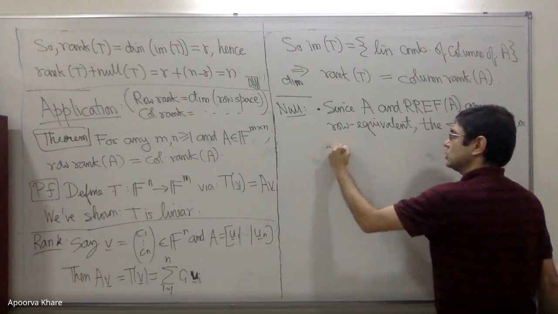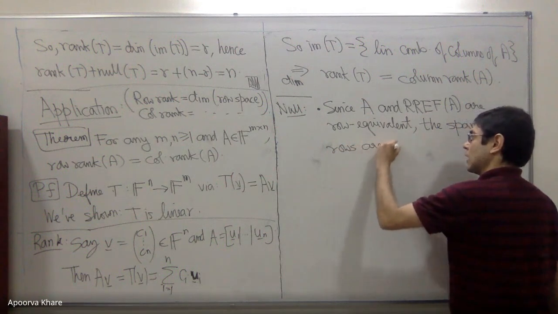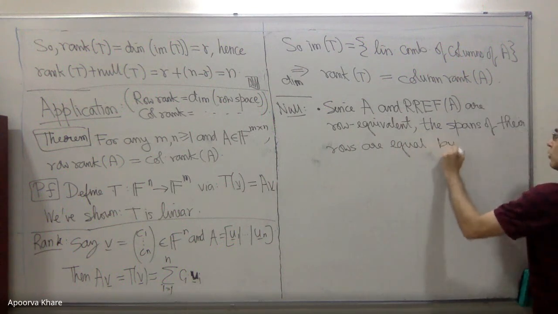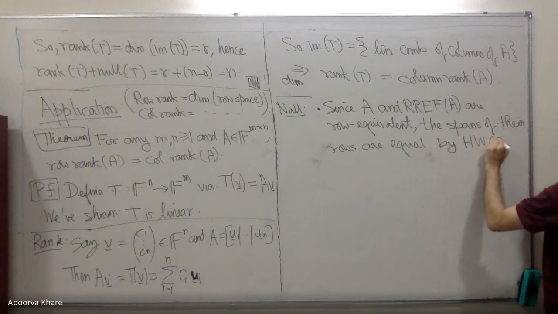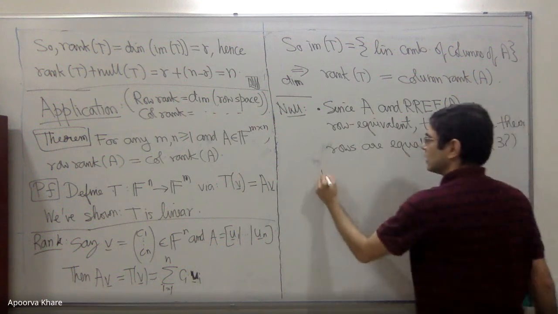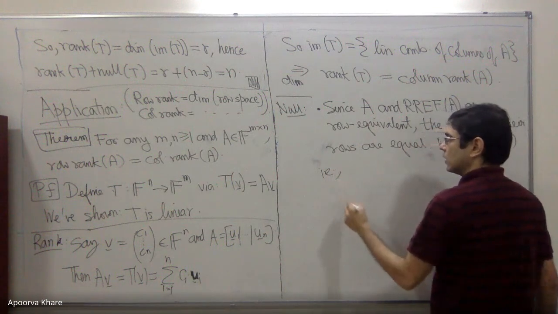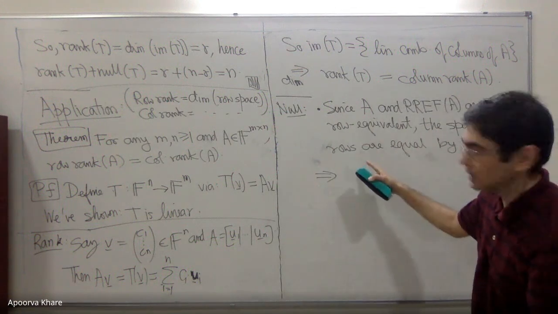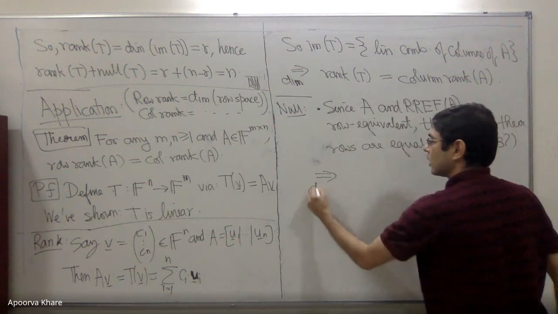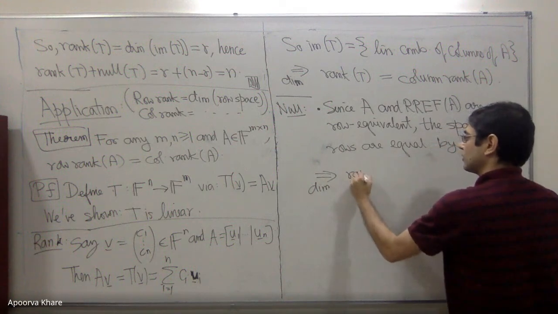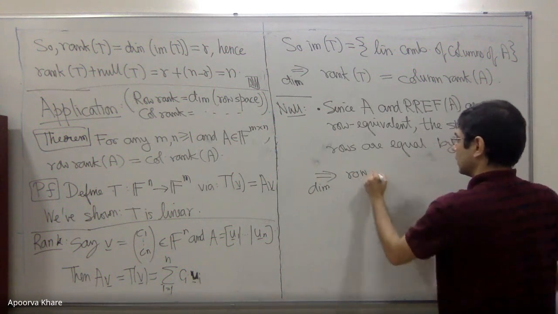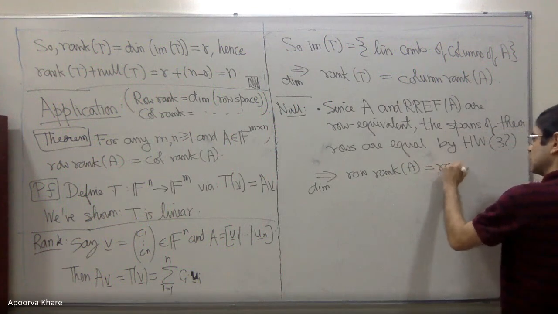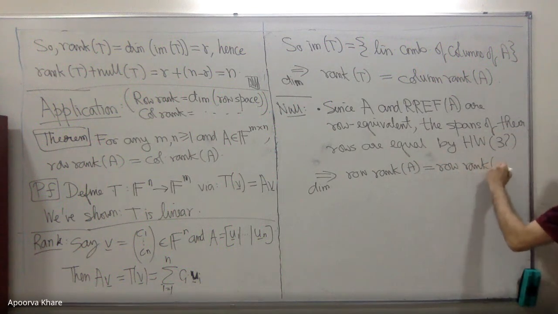The spans of their rows are equal, by homework 3, i.e. the row spaces are the same. Taking dimensions, the row rank of A equals the row rank of RREF of A.